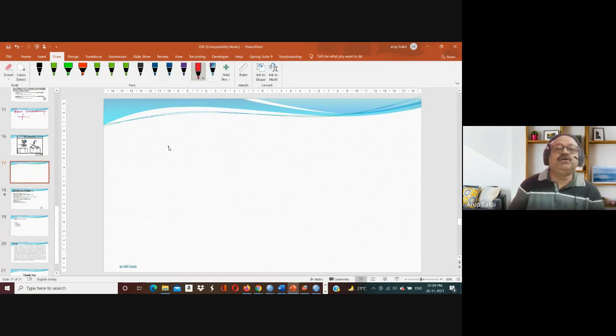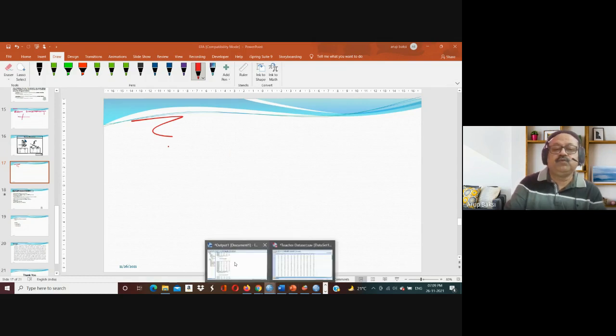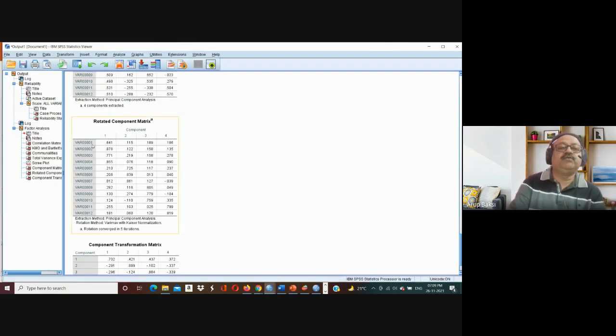Now, as I've told you, one of the requirements for factor analysis is unidimensionality. Let me go back to this particular one over here. You see, in this particular rotated matrix, in this particular format, in this particular data set, it is very difficult to identify which particular factor loading is to be retained.